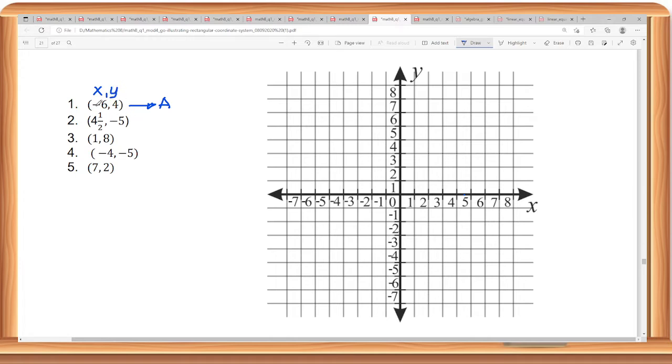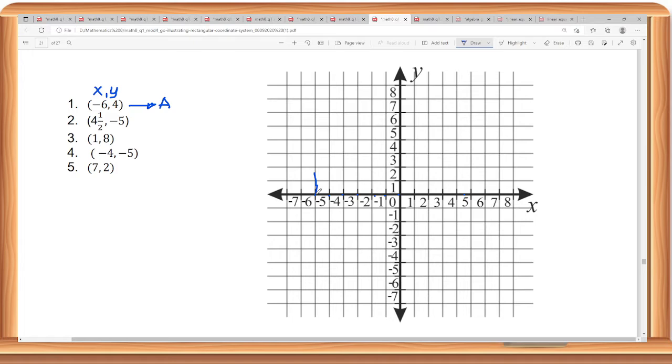Since the x coordinate is negative 6, that means in the x-axis going to the left from the origin, 0, 1, 2, 3, 4, 5, 6. So this is 6. Once again, from 0, 1, 2, 3, 4, 5, 6.